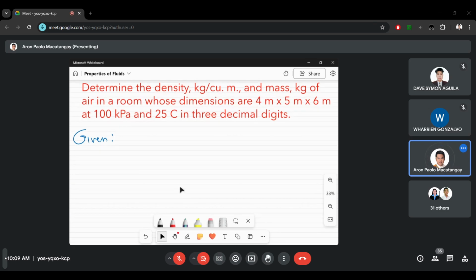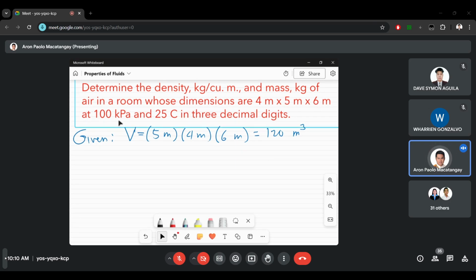For example, first given is the dimensions 4 meter by 5 meter by 6 meter. That will give me the volume of my room, which is 5 meters times 4 meters times 6 meters, equal to 120 cubic meters.